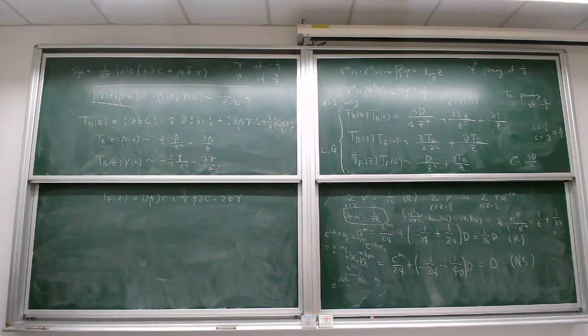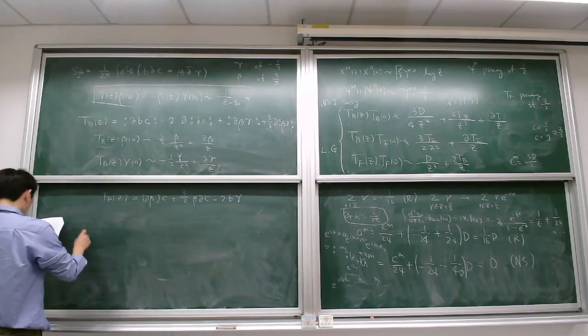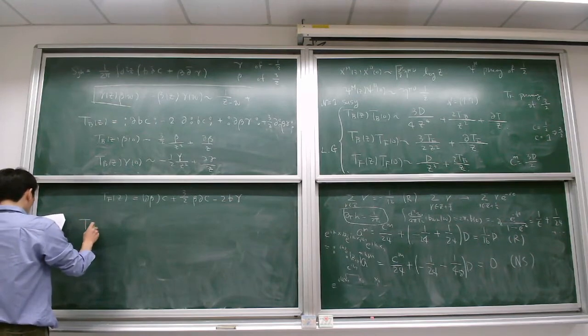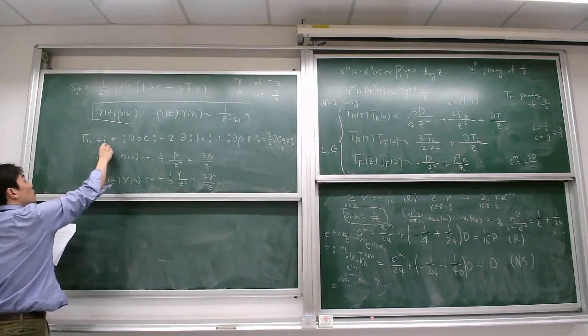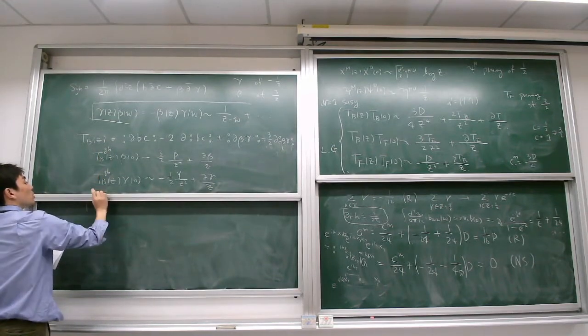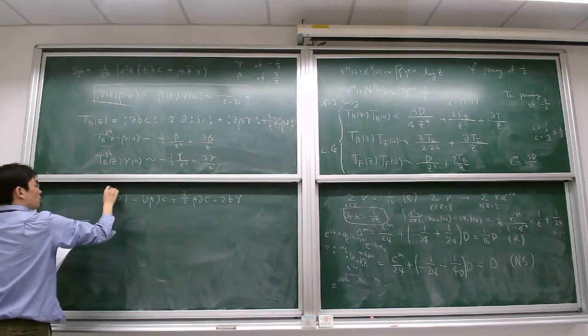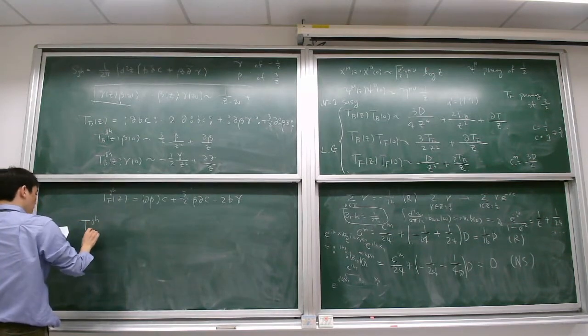So for instance, you can compute T T of the ghost. Sorry, I think I should use ghost. And T T of the ghost.